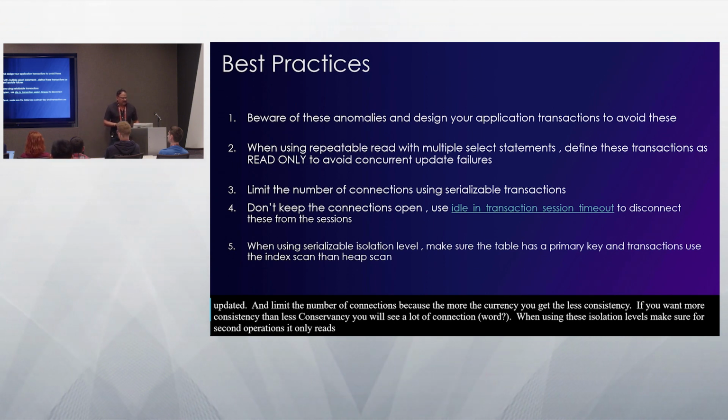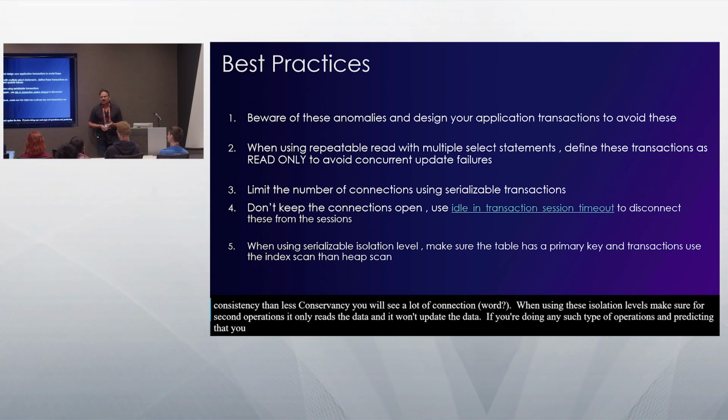If you're doing such operations and predict that you need serializable, then you can apply the serializable isolation level. Or else, since it's a very strict isolation level, don't use it. Instead, design your application in such a way that without using this isolation level, you can still achieve some concurrency.